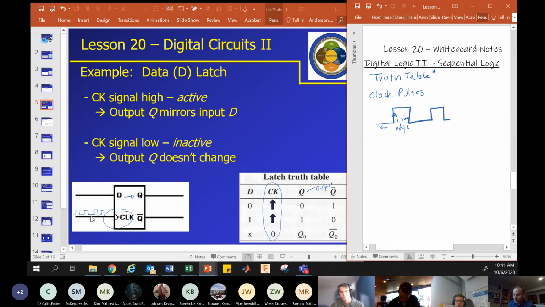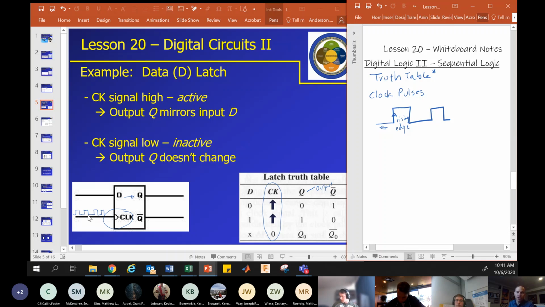Now, sometimes you have devices that are working, like in your computer, you have millions of calculations happening per second, and those all have to be precisely timed so that they happen at the right time and they happen correctly. Certain things have to happen in certain orders. So you have a clock, and when you talk about the speed of your laptop, like it's 2 gigahertz, that's the clock speed of the laptop.